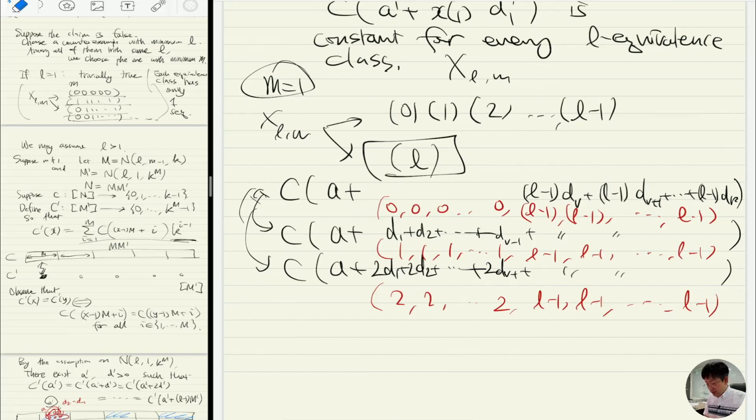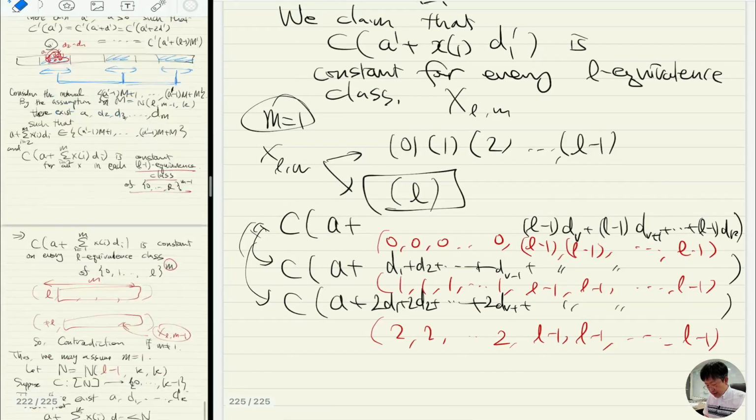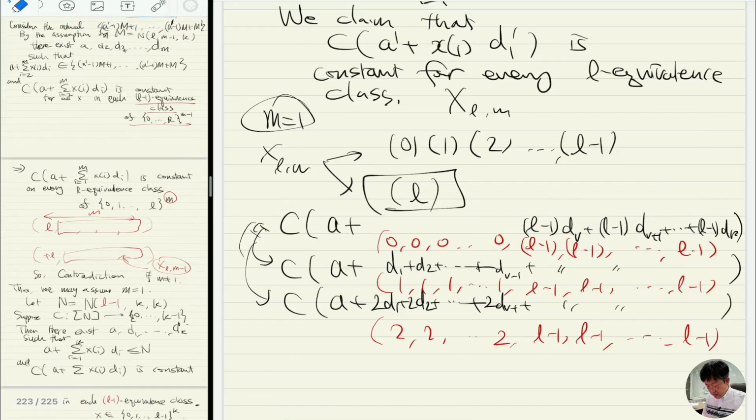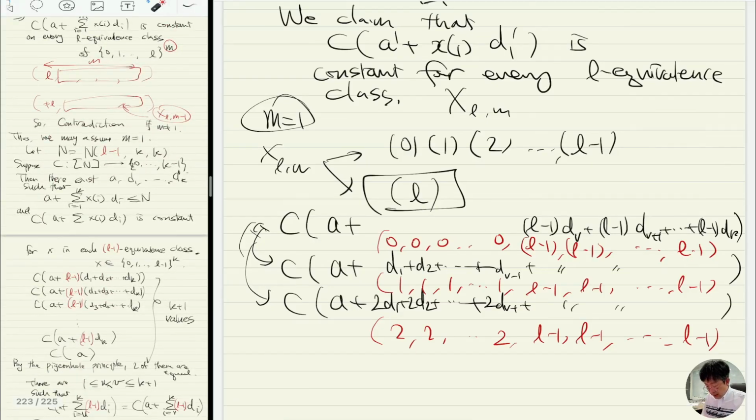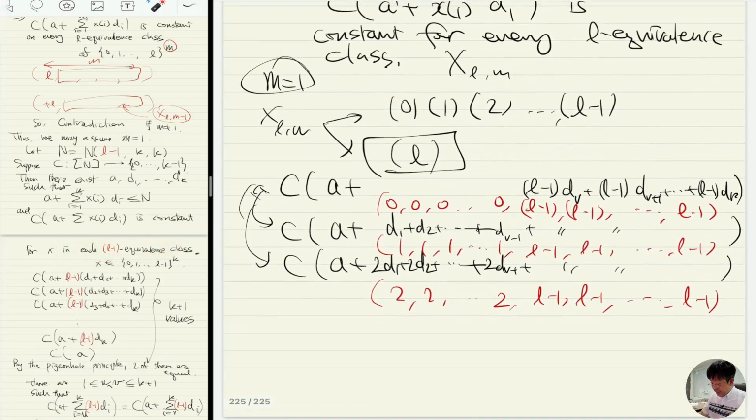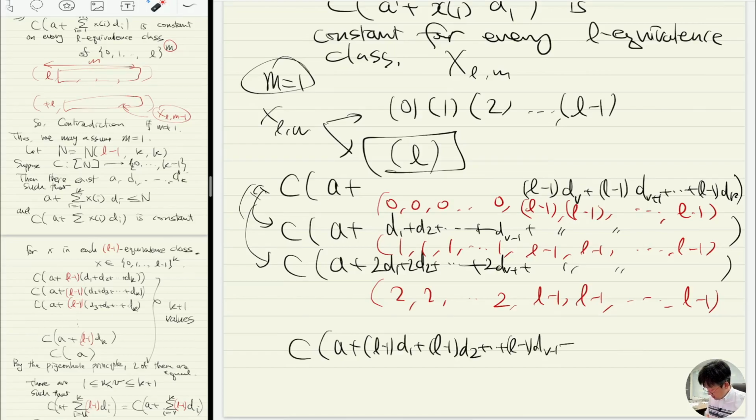And by induction hypothesis, I know that they will have the same value. It's constant over every L minus 1 equivalence class. Except there's one case where it doesn't belong to the same L minus 1 equivalence class. That's when you have L minus 1 d_1, L minus 1 d_2, L minus 1 d_{v-1}, and then you have L minus 1 d_v up to L minus 1 d_k, right?